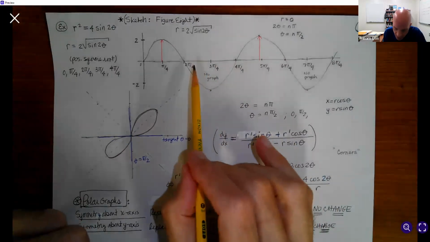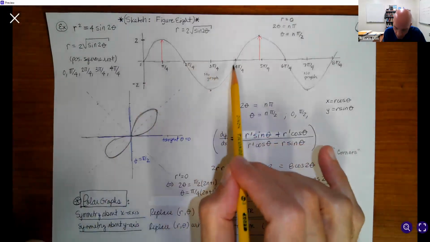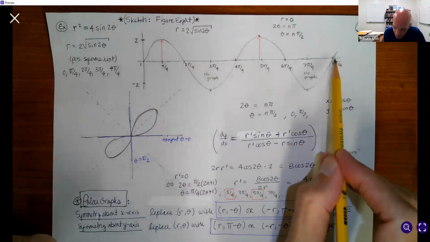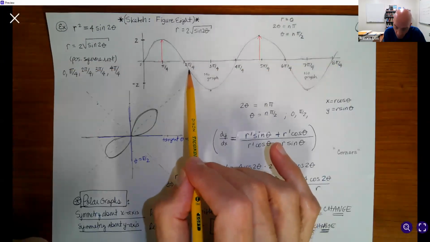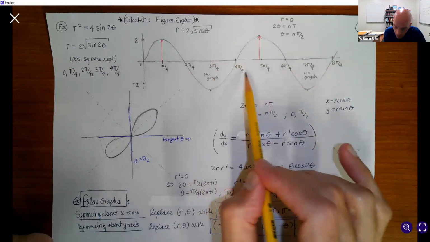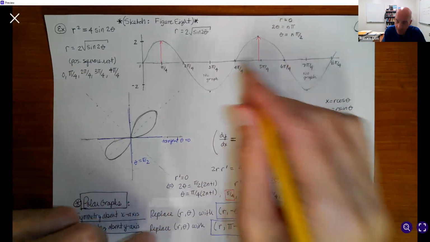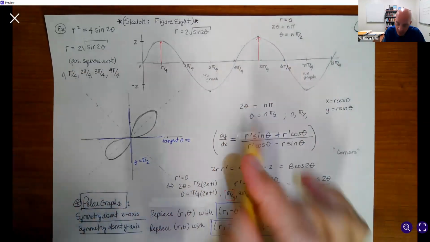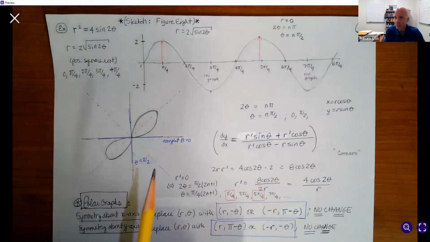So now notice, as you draw this curve, okay, if we think of one period, and I've got 2 periods here, we see from 0 to 2 pi over 4, and then from 4 pi over 4 to 6 pi over 4, we have non-negative portions. And then, of course, in between these non-negative portions, we have negative portions.